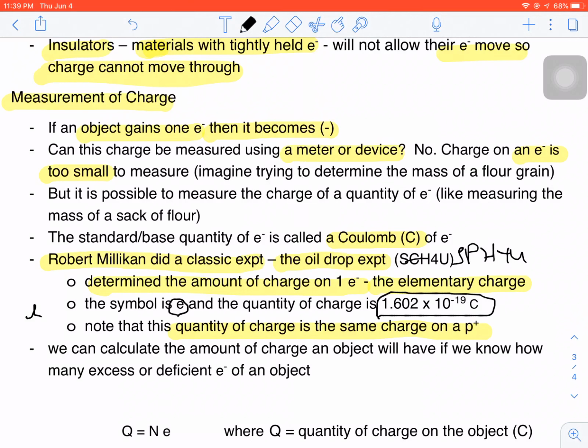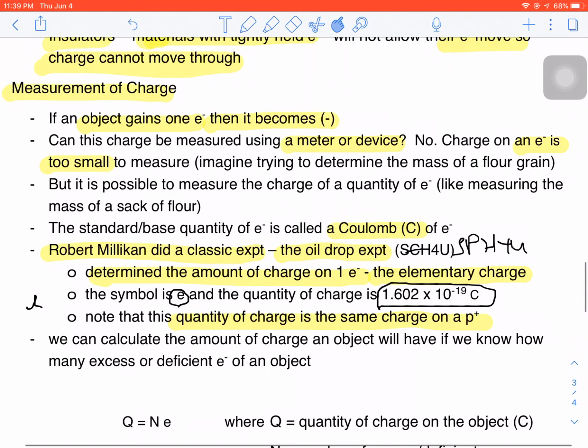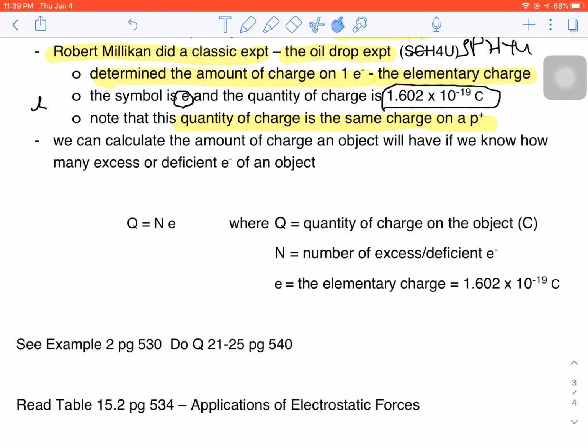So now that I know from Robert Millikan what the charge is on an electron, if I know how many electrons are on an object, either as surplus electrons or deficiency of electrons, and I know what the charge is on an electron, then I can figure out the quantity of charge that's on that object measured in coulombs.